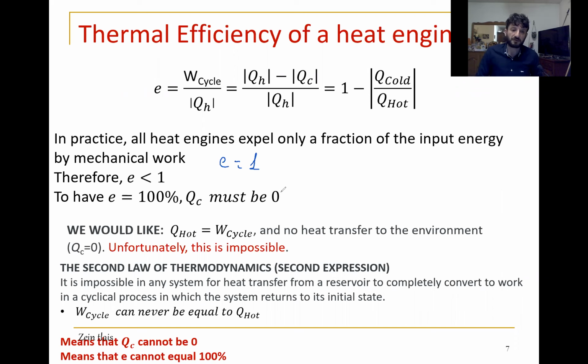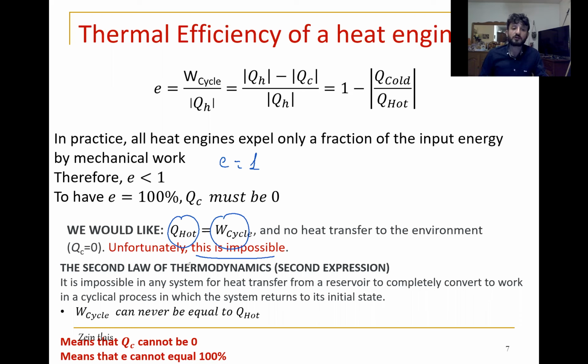We would like to have Q hot equal to omega cycle. It's the ideal case, where all the Q hot is converted to work, but this is impossible.